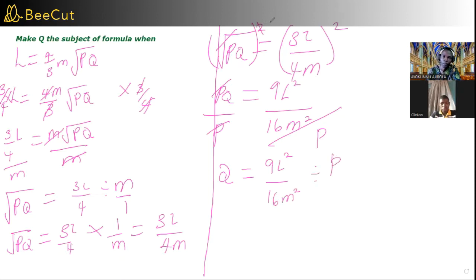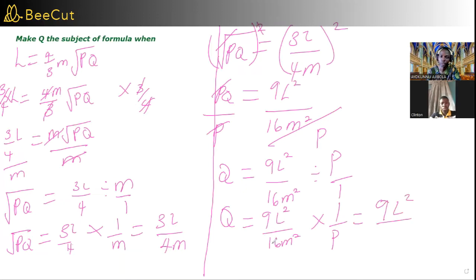And again, the way I did the other one, this is also number 1, then you can change it to times. Then you have Q equal to 9L squared all over 16M squared times 1 over P. And this is going to be 9L squared times 1 is 9L squared.